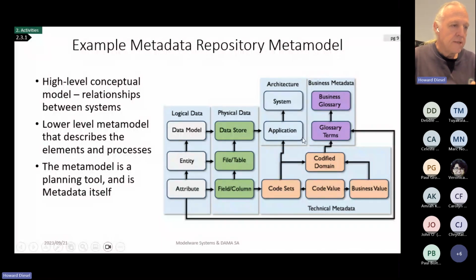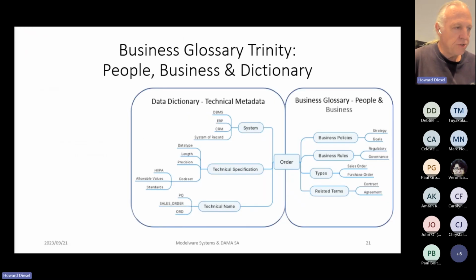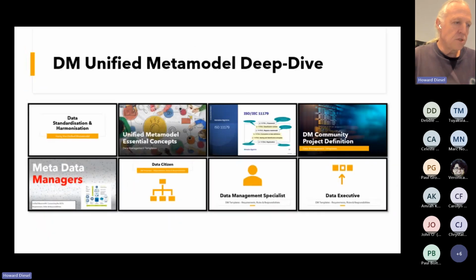For example, a business glossary term can link to a logical data model attribute, which links to a physical data model field, which links to a potential code set with code values, which links to an application, which links to a system. This is the path that we want to work our way through and provide the understanding.